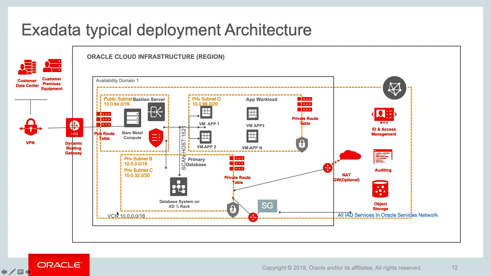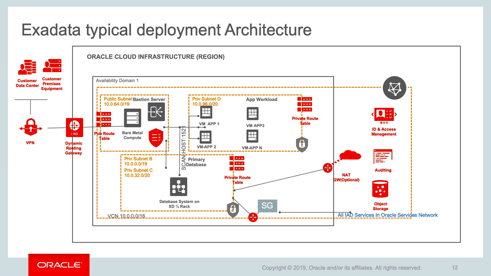So VCN, which is Virtual Cloud Network, is the first starting point, and VCN creation needs a CIDR block to get started. In this case, I have taken a CIDR block of 10.0.0.0/16, which provides a large network for all the resources. So depending on the need, you can change the same.